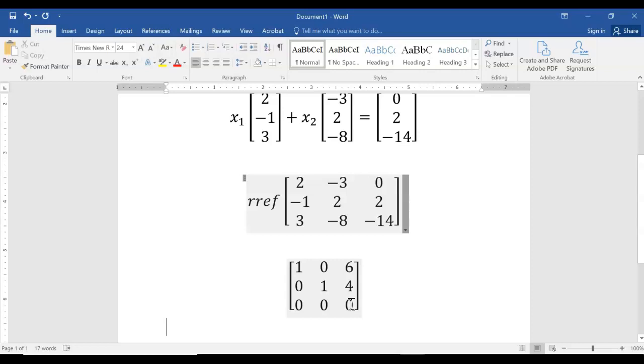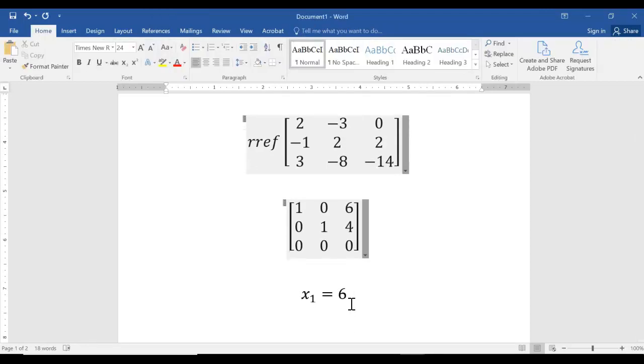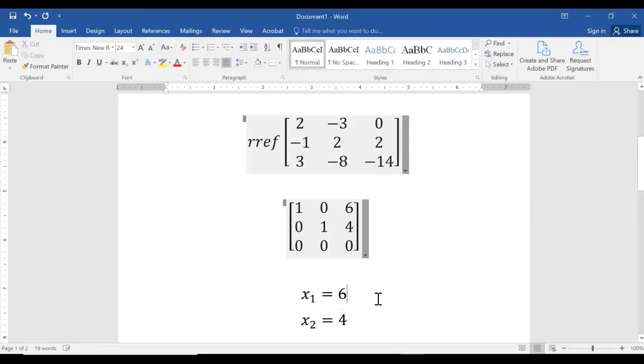So what this means is that x1 would have had to have been 6, and x2 would have had to have been 4. So we found one solution. It's a unique solution, meaning it's not an infinite number of solutions, but there is this one solution.